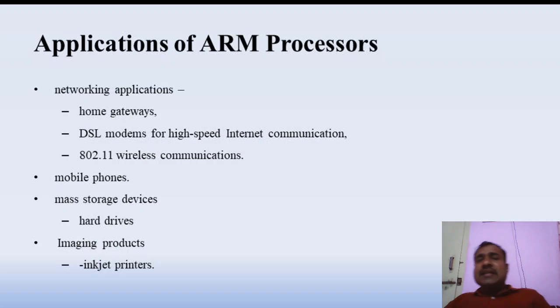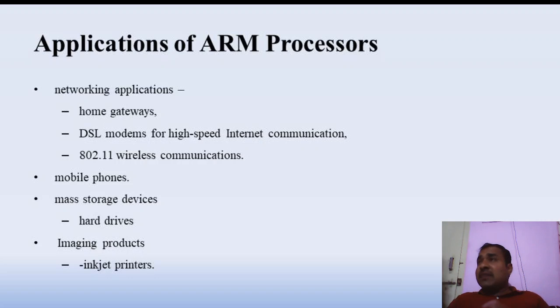Now let us list out some of the applications of the ARM processor. The ARM processor finds vast usage in many segments. For example, we have networking applications like home gateways, DSL modems, Ethernet 802.11 wireless components. In all these we have ARM processors.